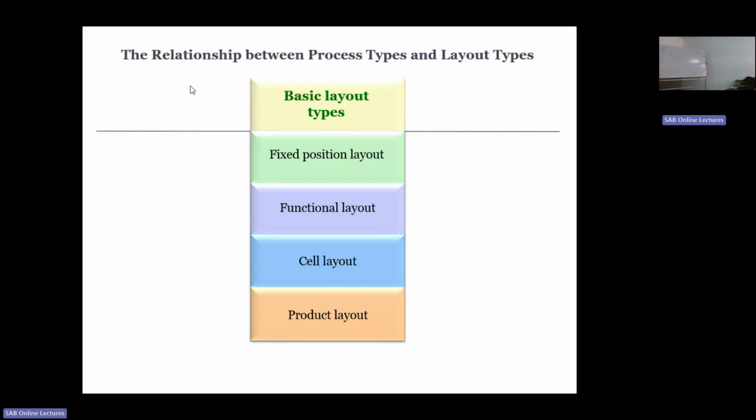Now you see, these are the 4 layout types, namely fixed position layout, process-oriented layouts, also known as functional layouts. That we identify, functional layout, process-oriented layout. And then we call it hybrid layout or cell layout. And finally, we have product layout.